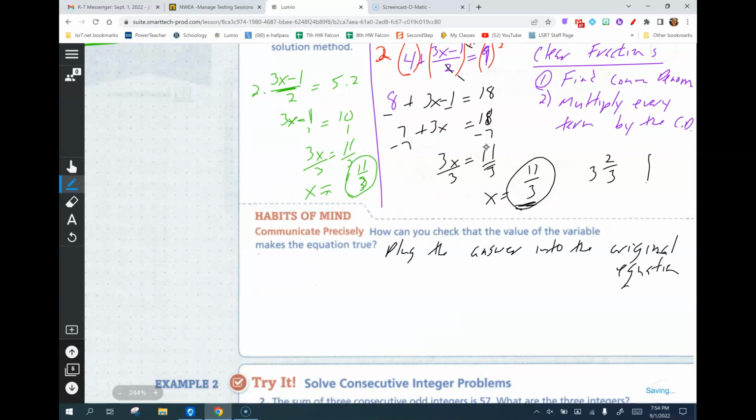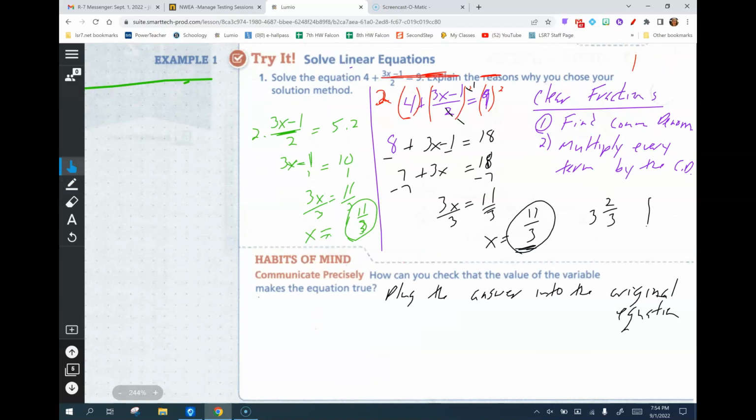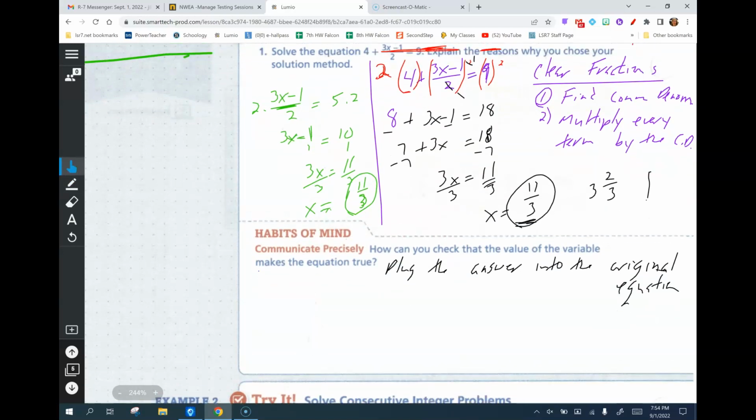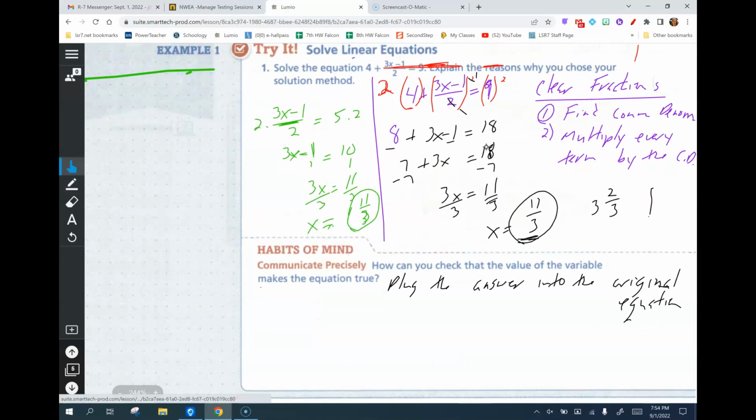So I would take my answer of 11/3 and I would plug it in. So my original equation is 4 plus 3 times x, minus 1 all over 2 is equal to 9.